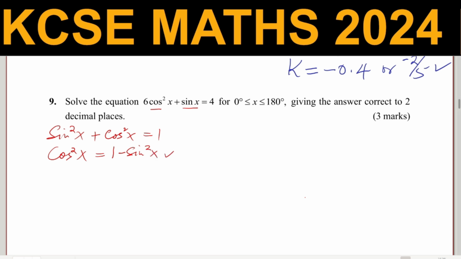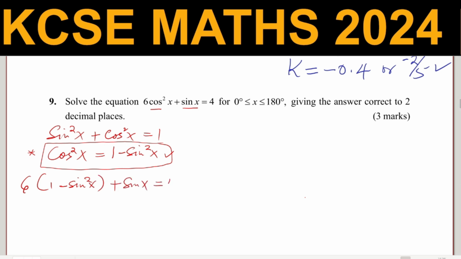So we are going to substitute this in the equation. So 6 cosine squared x, where cos squared x is the same as 1 minus sine squared x, plus sine x is equal to 4.